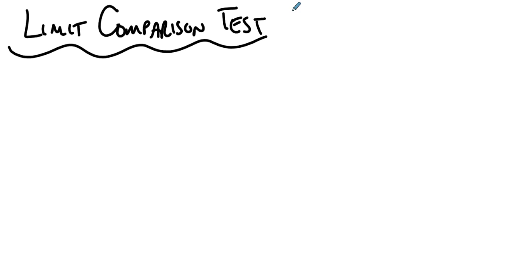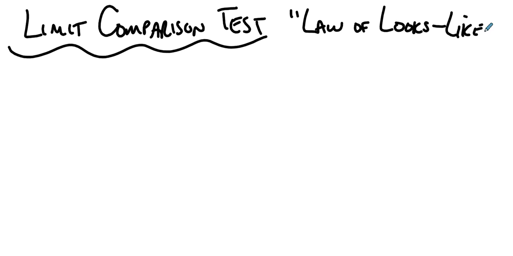The other test we want to talk about is the limit comparison test. I sometimes refer to it as the law of looks like, because we decide that if we squint near infinity, it's basically this other thing.